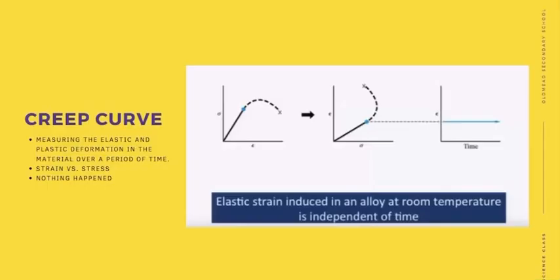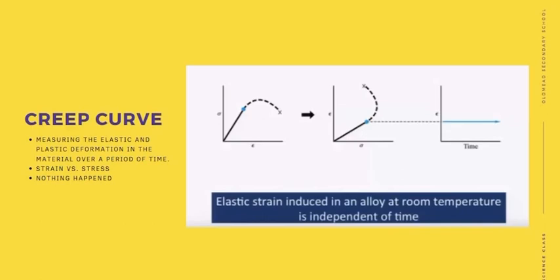Let us look at this creep curve. As you can see, this is the creep curve based upon the tests that we did in the previous week. On the first graph, it is the measure of the elastic and plastic deformation in the material over a period of time.